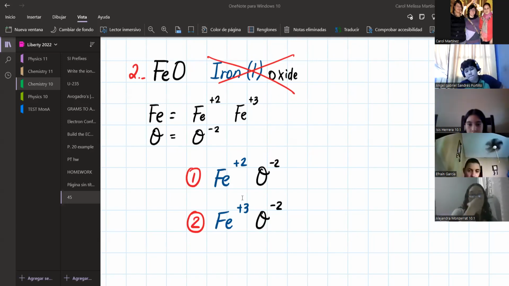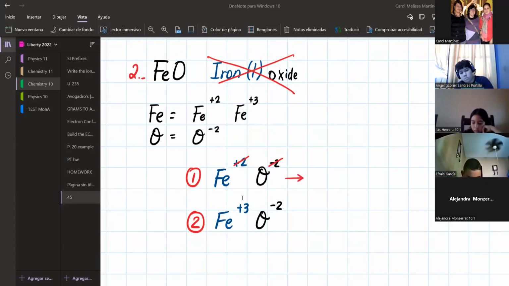So what happens here? In the first one, according to the idea that I gave you the other day, when the charges are the same, but they have different symbols, these charges are canceled out. So what do we get as a result? We just join the elements.